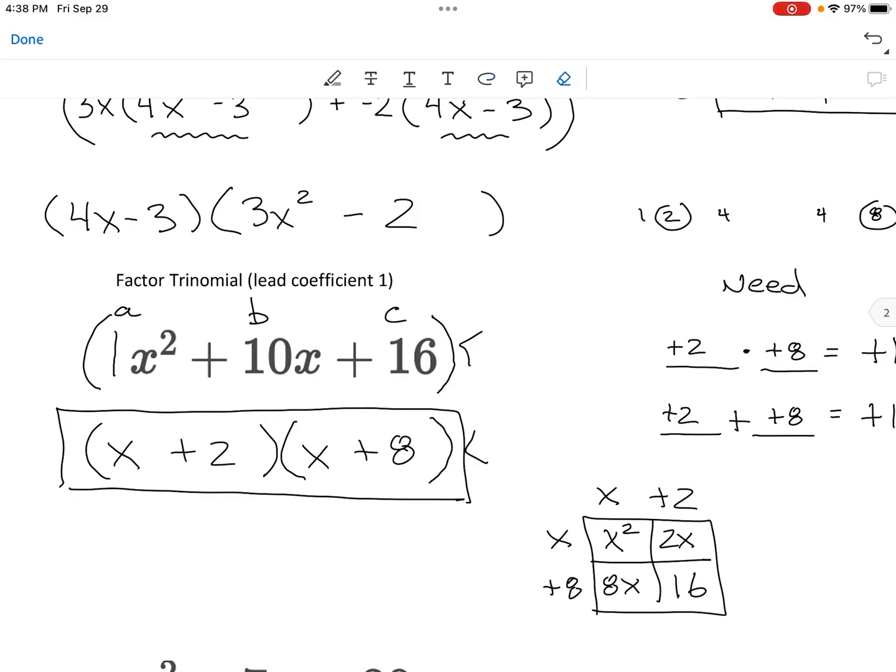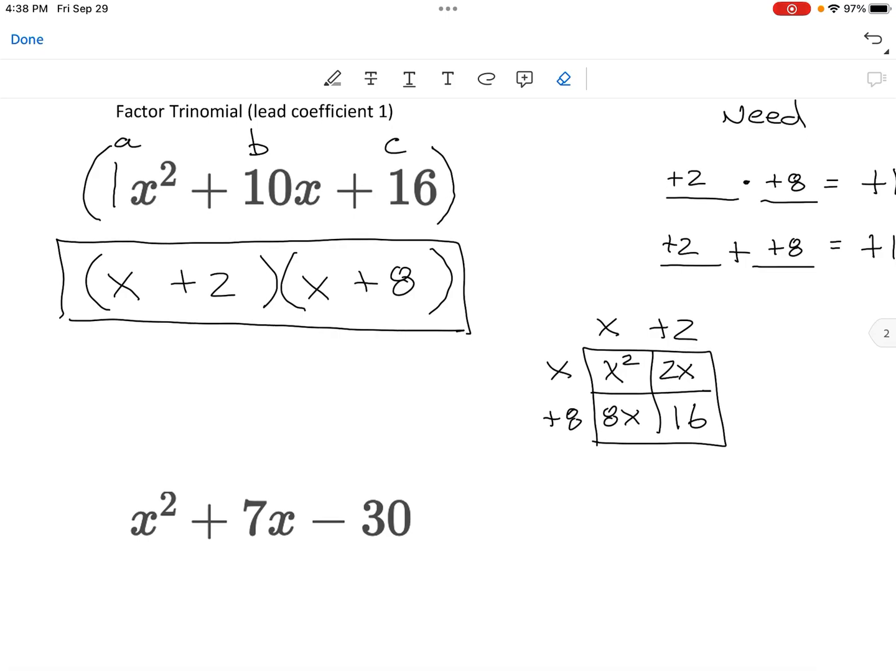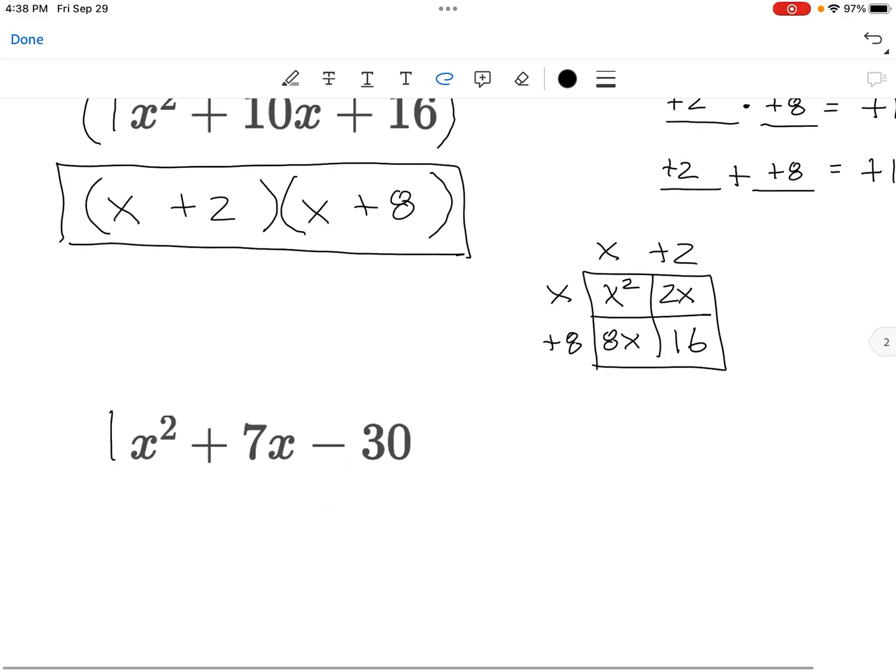Okay. Let's try another one. Again, whenever you've got a trinomial where the lead coefficient is a 1, we're trying to see what 2 factors this trinomial could be rewritten as. Just make yourself a little shopping list.